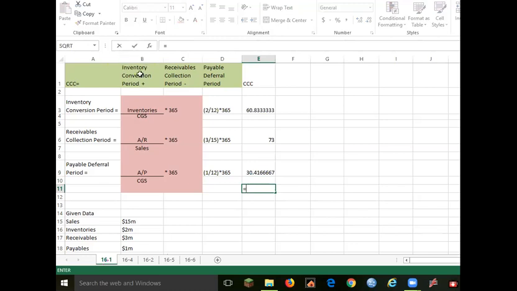And the cash conversion cycle is simply we add the inventory conversion period and the receivable period, and we subtract the payable deferral period.